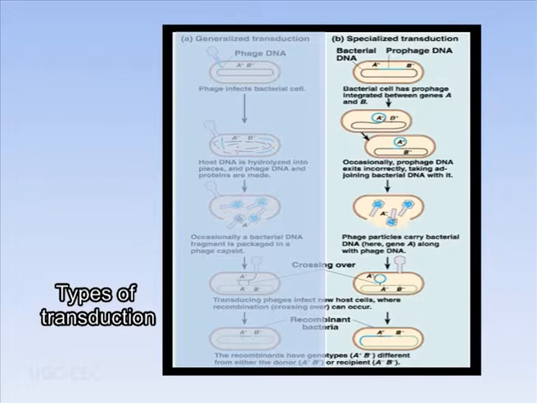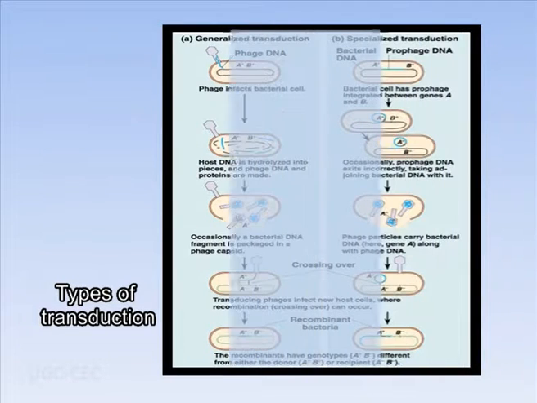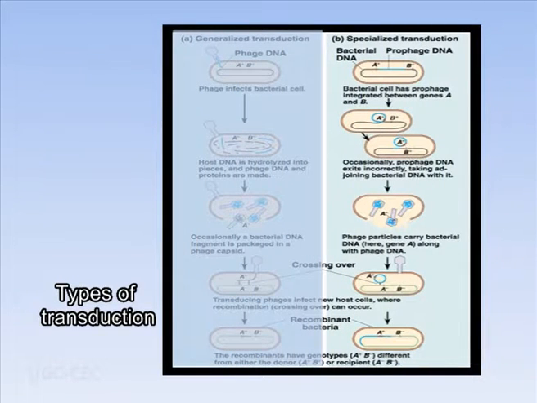Again a homologous recombination takes place, but here a part of the viral DNA still remains and gets integrated inside the recipient cell chromosomal DNA. So here, in generalized transduction, any part of the DNA can be introduced. Here, in specialized transduction, only a specific segment of the chromosomal DNA is introduced into the recipient cell.